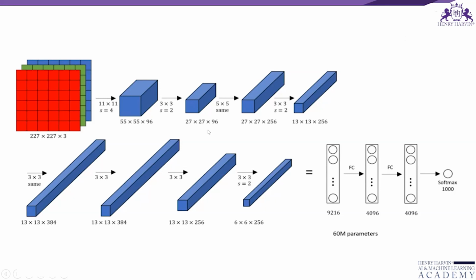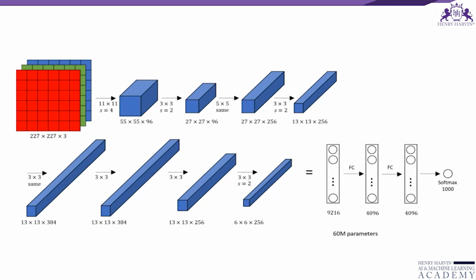27 into 27. Then we have the second convolution layer, which is of kernel size 5 cross 5. In this case, we will be using padding equal to 2, so the output of the convolution layer remains the same as the input feature size.